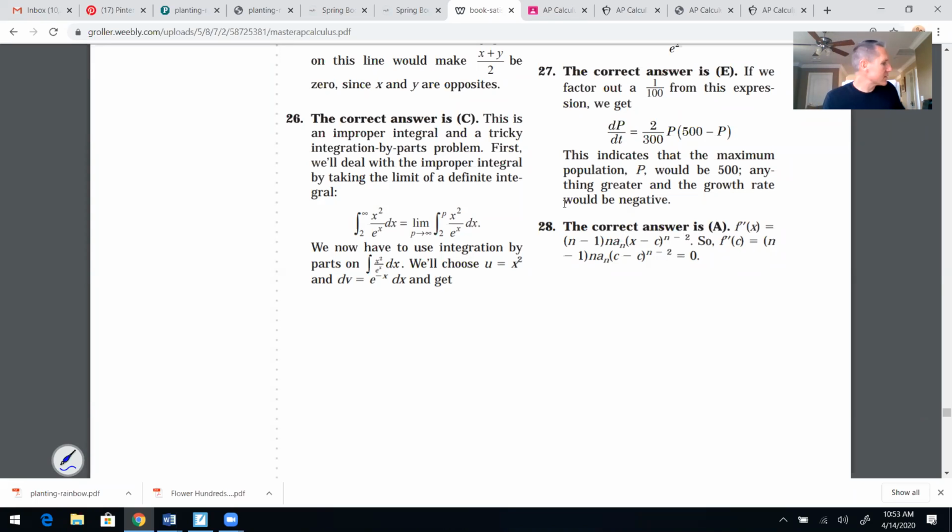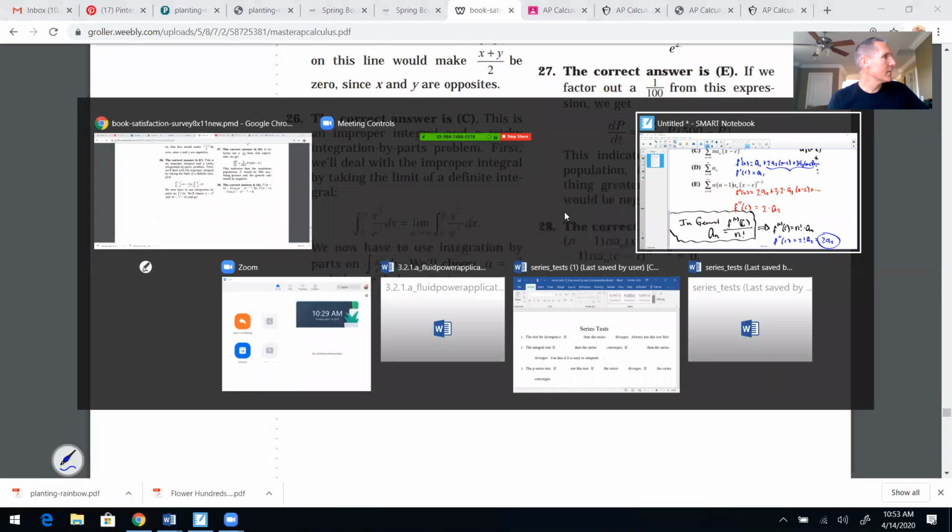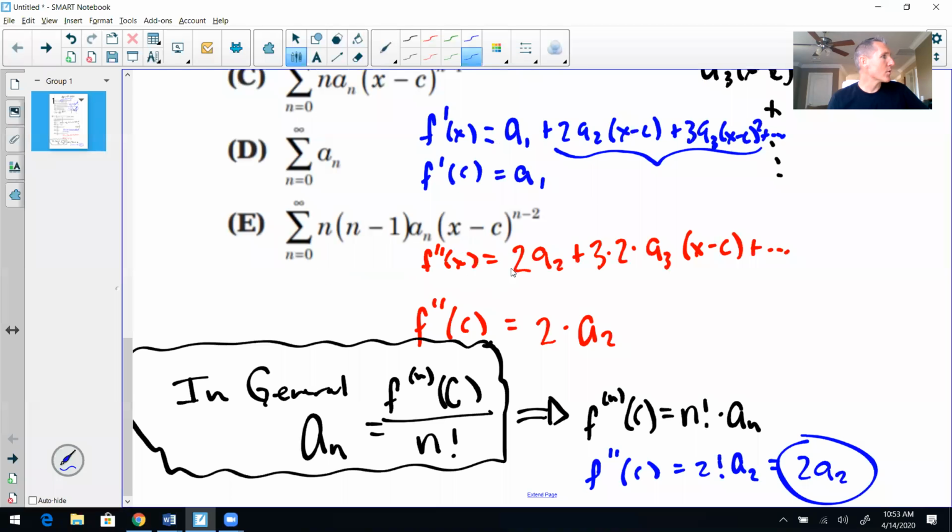F double prime of X is equal to what I had there. It goes on a lot more. It's 2A sub 2 plus 3 factorial times A sub 3 times X minus C plus 4 factorial times A sub 4 times X minus C squared plus all the way through. So I would say the answer should be 2A sub 2.